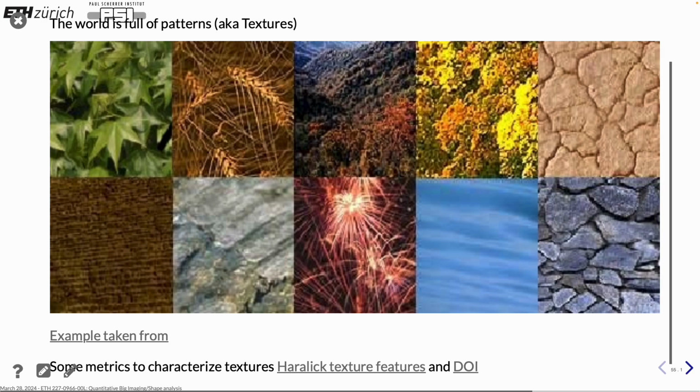Today, so that was a focus in many years. Today, a lot of this has been reduced into doing some kind of machine learning task, identifying based on these patterns. But it's still good to know a little bit about some metrics that you could use to describe the patterns. Sometimes you actually want to put some quantitative number on the pattern description.